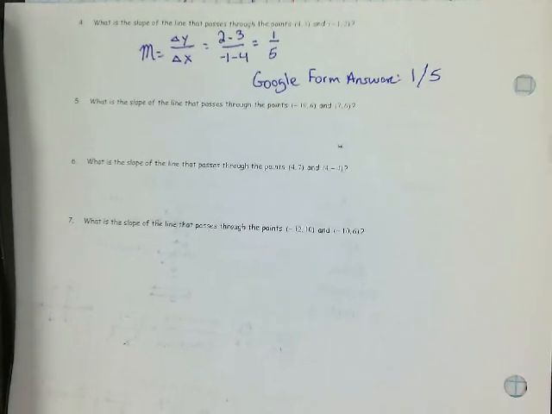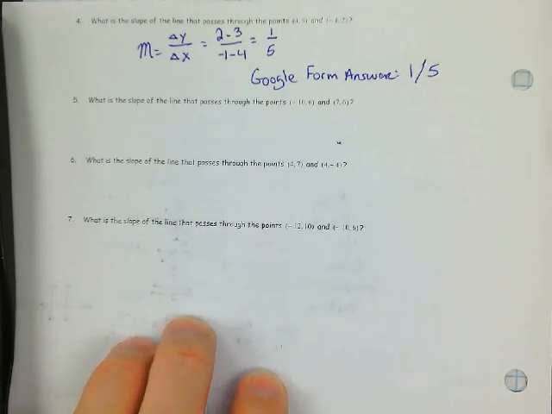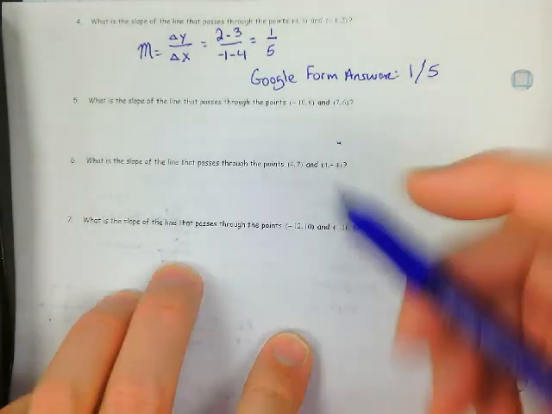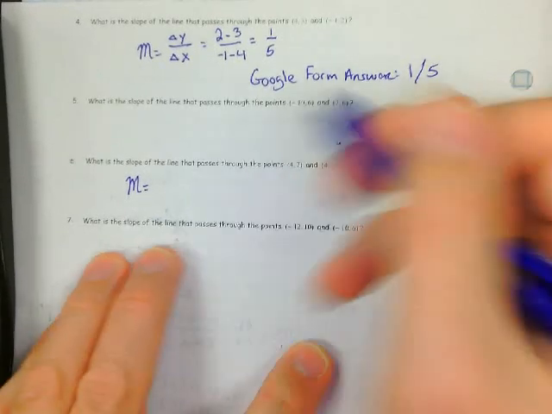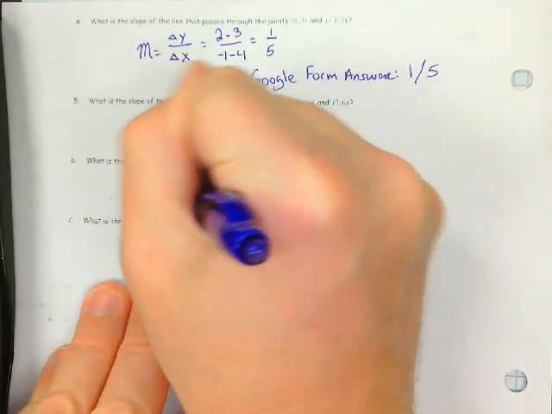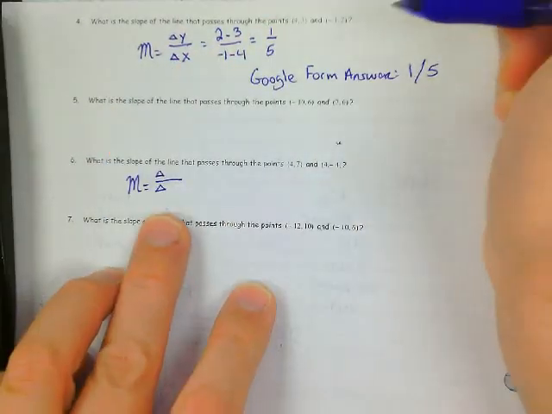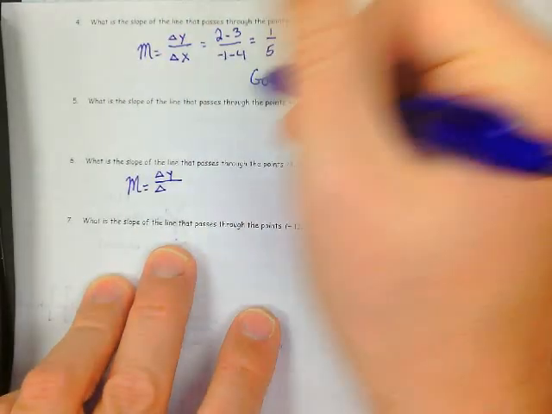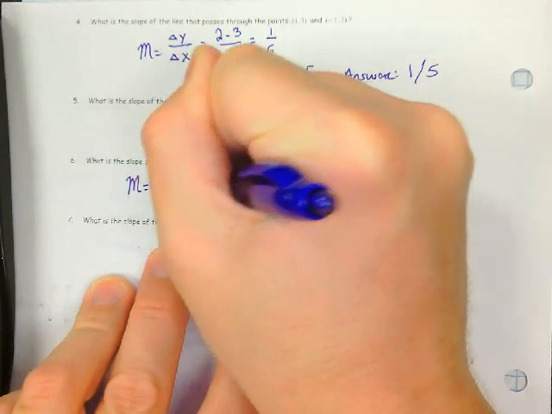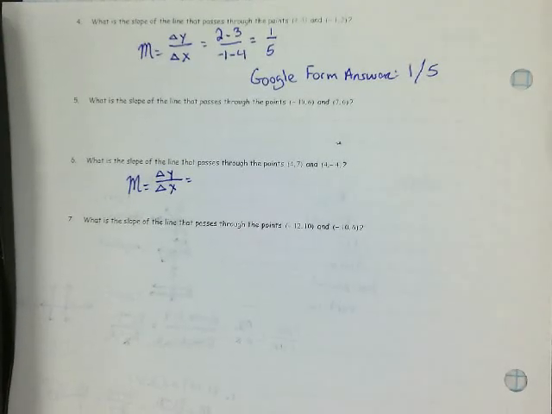All right, let's do number 6, and then we'll call it a day. Your slope equals the change in what over the change in what? What's the top number? The change in which letter? Y over the change in X. All right.